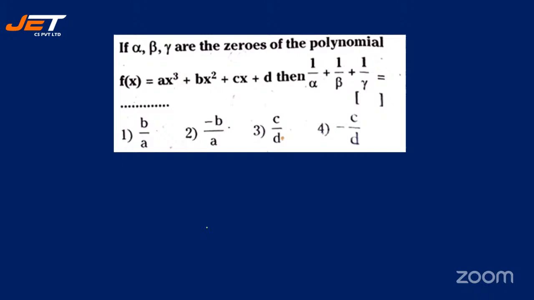It is the coefficient of x term by constant, isn't it? So it should be minus c by constant, which is t. So if you had opted for option 4, then your answer is correct. All right, see the next question.